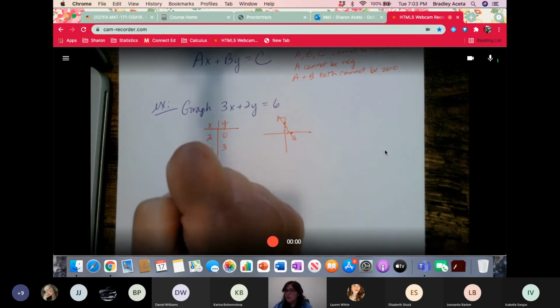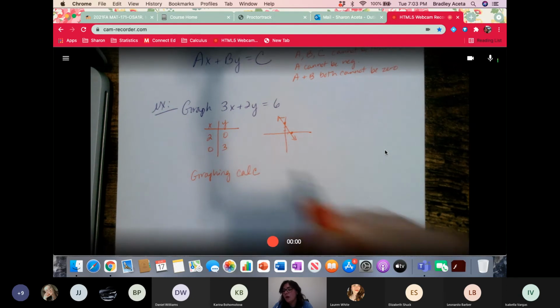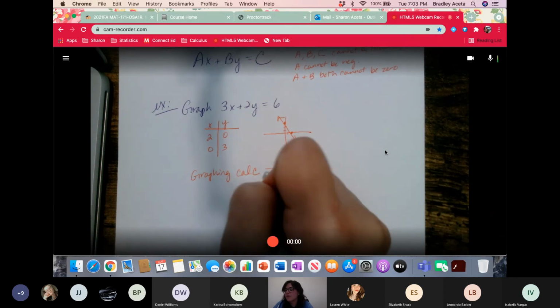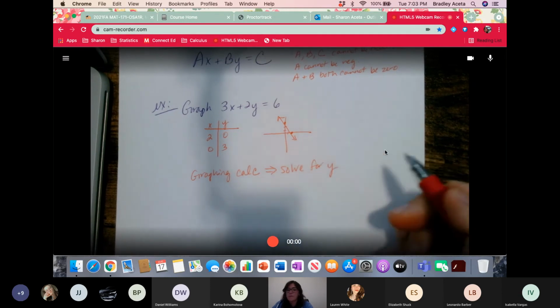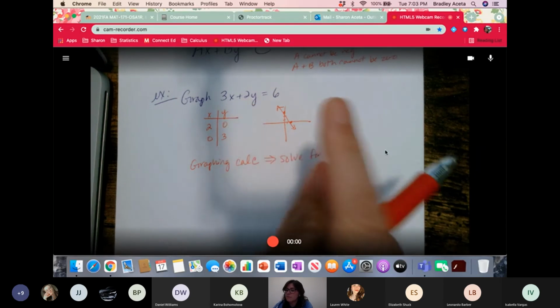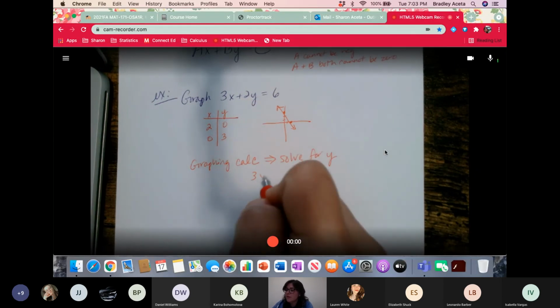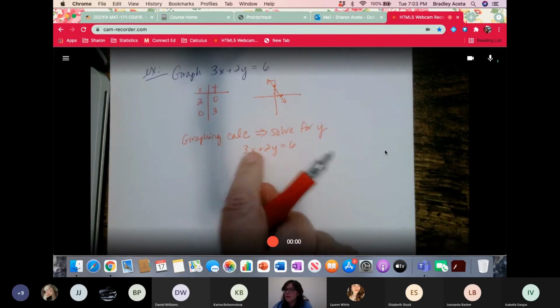You could use the graphing calculator, but in order to do that, you have to solve for y. There's no other way of doing it. So you would have to get y by itself. So let's see, if I have 3x plus 2y equals 6, I would keep the 2y here.